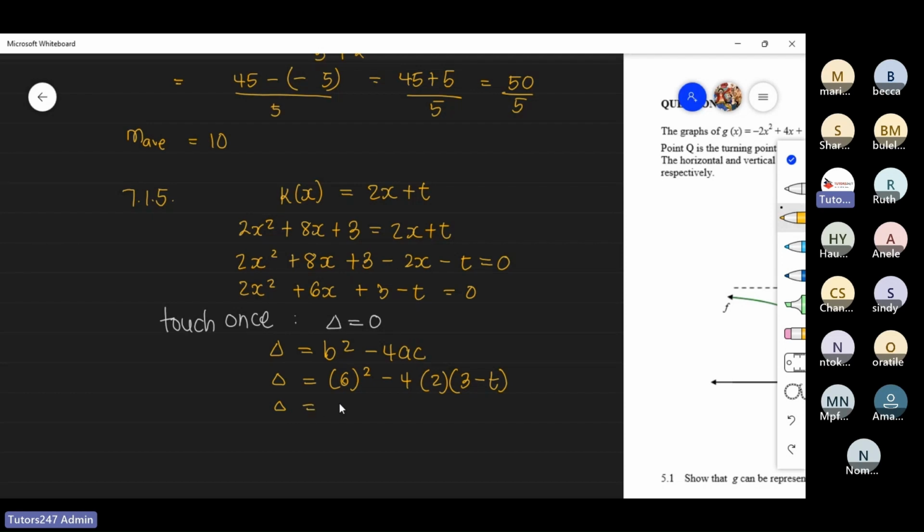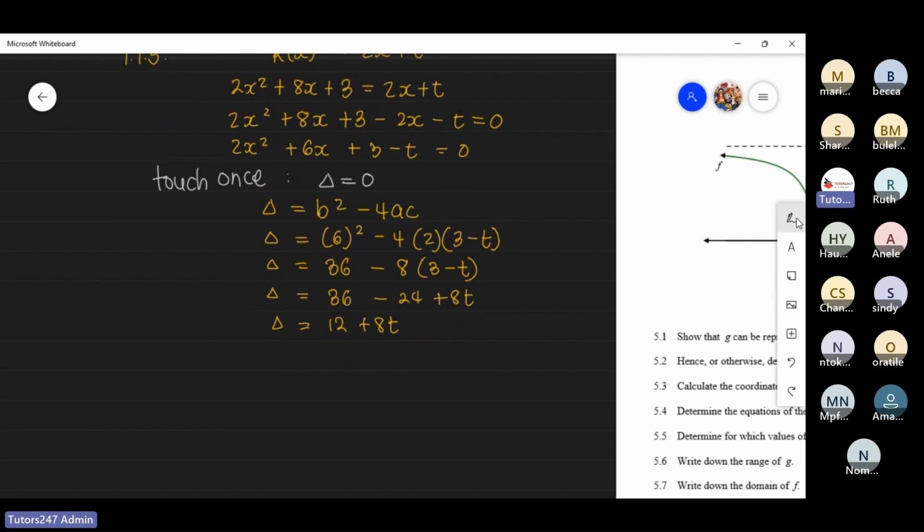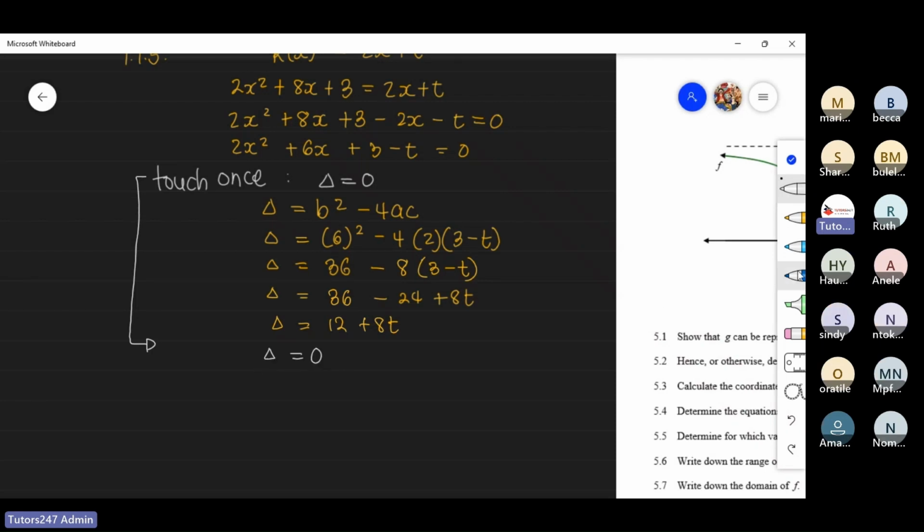Now, let us simplify this. This is going to be 36 minus 8 into 3 minus t. This will be 36 minus 24 plus 8t. And that will then give us 12 plus 8t. So this is our discriminant. Keep in mind what was said earlier. If it touches only once, the discriminant is then going to be equal to 0. So our discriminant is equal to 0. Therefore, we have 12 plus 8t equal to 0.